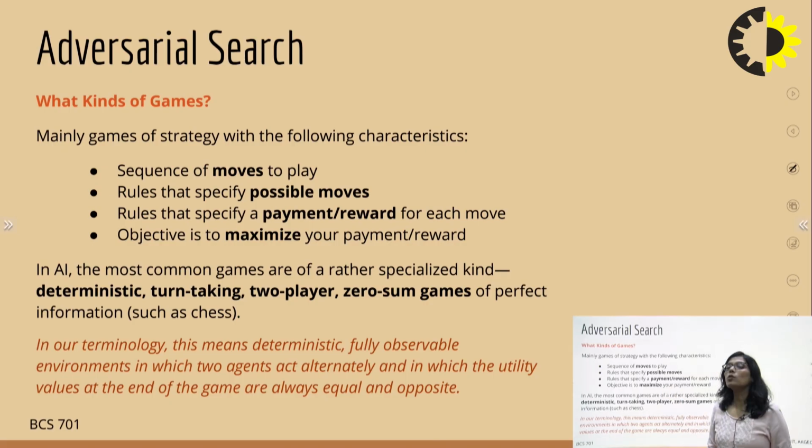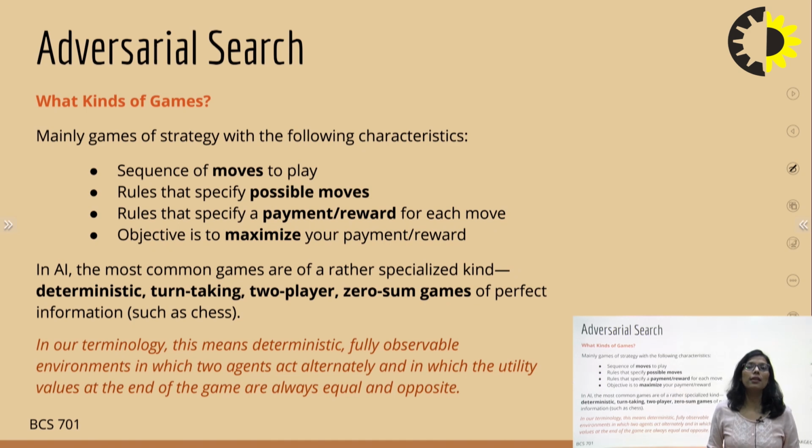Third, there are rules to specify the payment or reward for each move. If it is a good, optimal move, the payment or reward will be given. And if the move is not optimal, we reduce the reward. Our main objective is to maximize our reward.